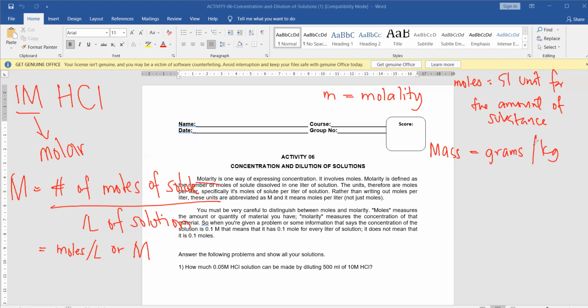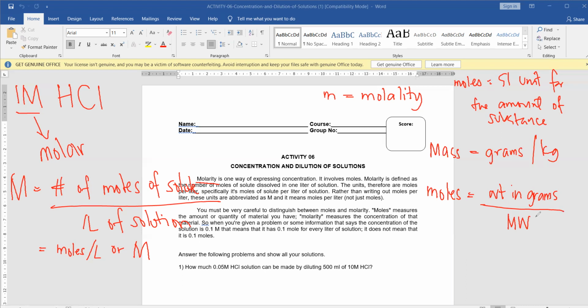Now, since sa molarity, we need to have the number of moles, then we have another formula here that you need to take note. So we have here again moles. This is the formula in getting the moles. We need here the weight in grams of our substance, and then we'll divide it by their molecular weight.